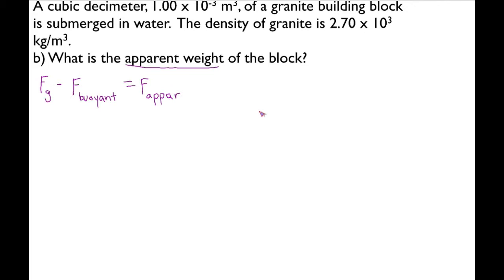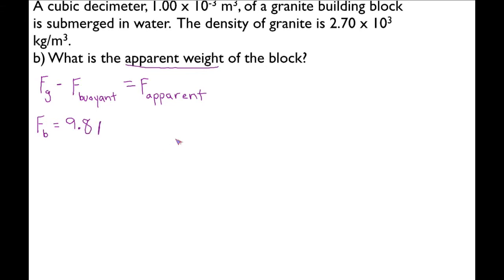Okay, so we found the buoyant force. I'm just going to do FB, and that's 9.8 meters per second squared. Or, excuse me, I'm so used to putting these units after 9.8. It's actually 9.8 newtons.